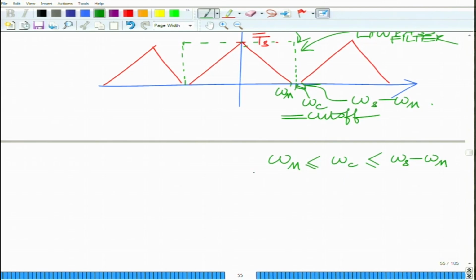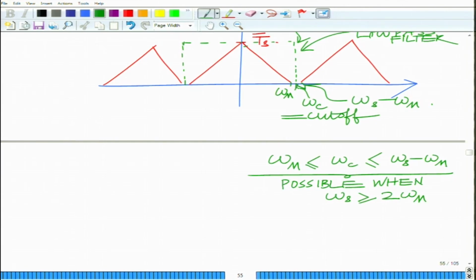Remember, for this to be possible, omega m is less than or equal to omega s minus omega m, which means omega s is greater than or equal to twice omega m, that is when there is a gap between those two bands, I can design an ideal low pass filter such that it extracts only the original spectrum corresponding to x(t) by appropriate suitable scaling, of course, while it cuts off the other shifted spectral copies of the original signal x(t), okay.